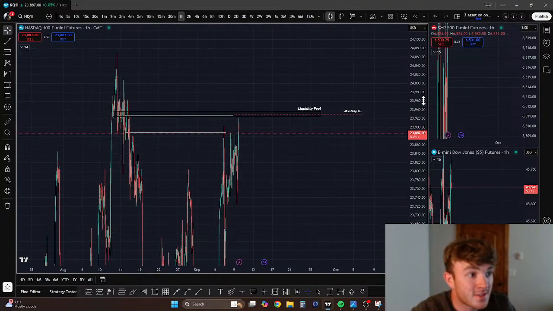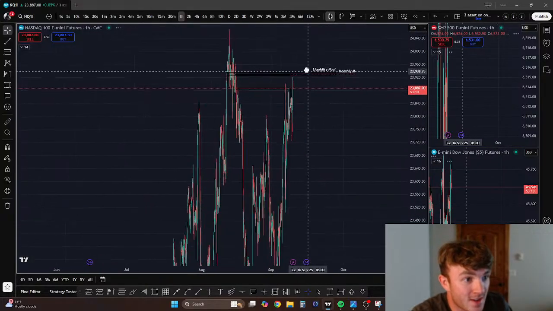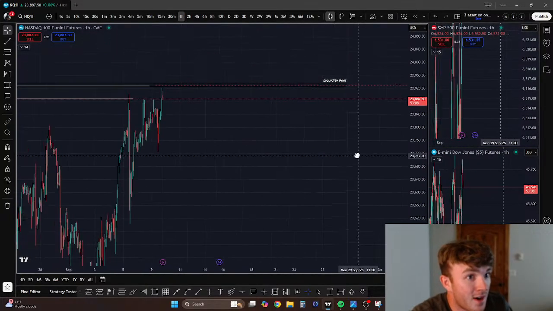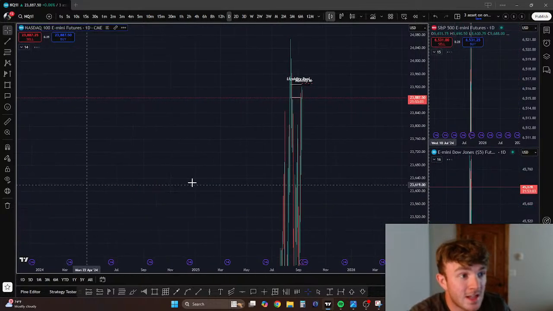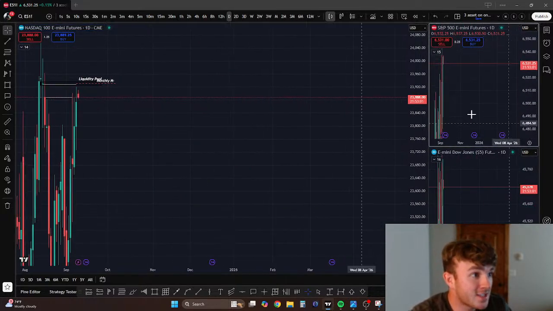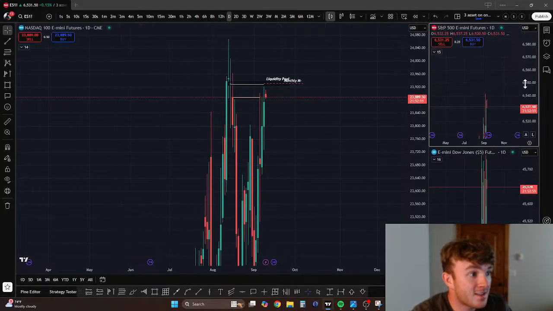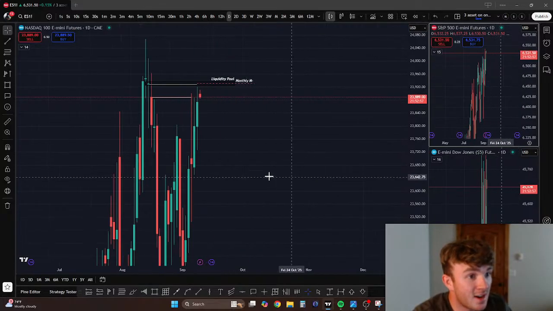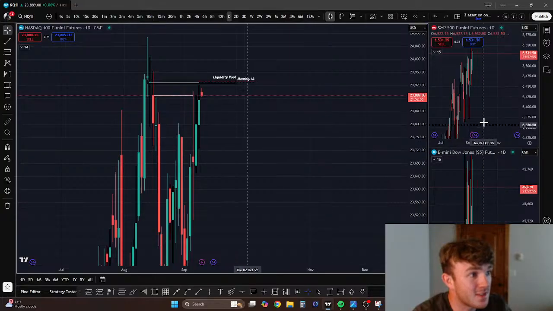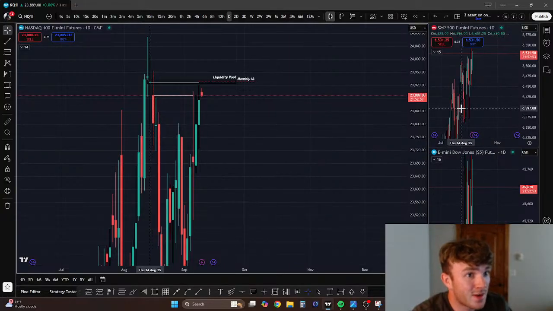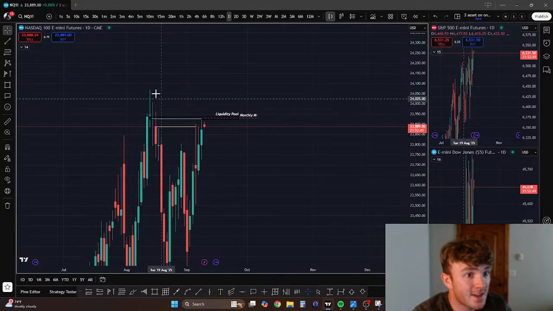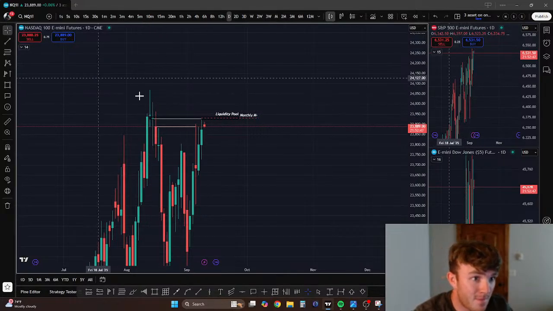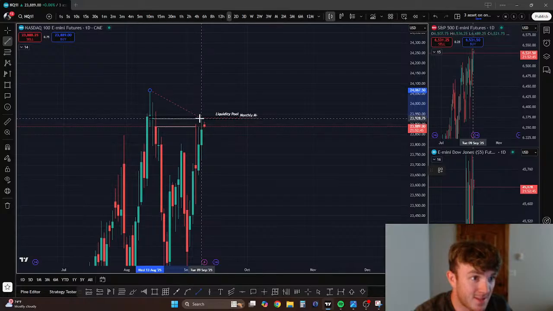And then what else? It just keeps getting more interesting, right? If I go to the monthly or the daily chart, you can actually see that we've been getting monthly SMT for quite a while now, right? Monthly SMT with this high. Monthly SMT.